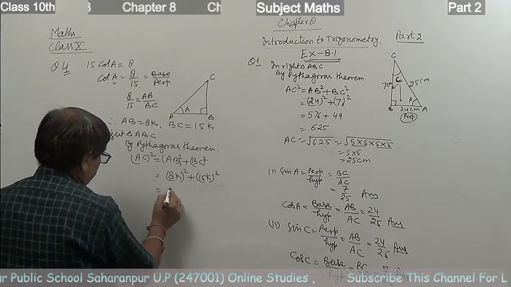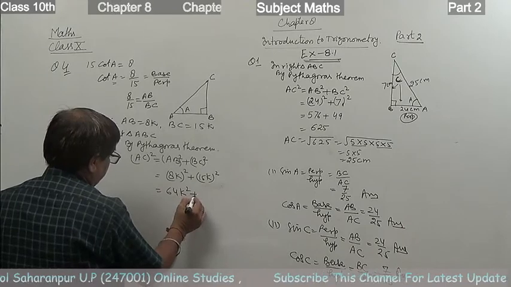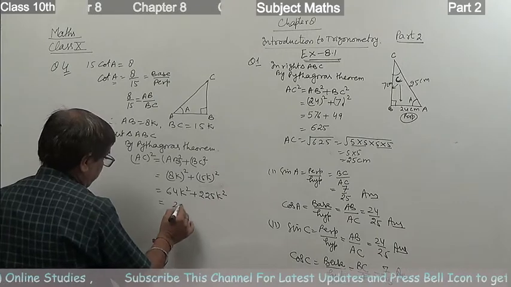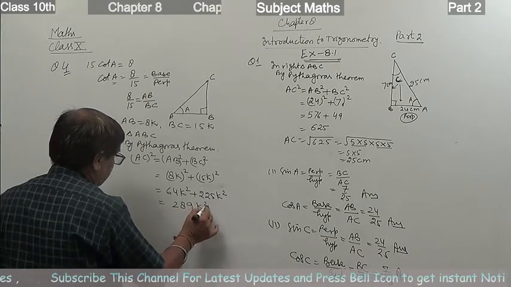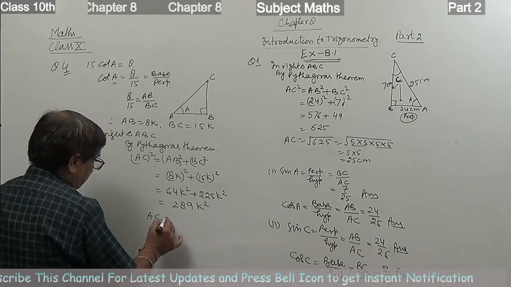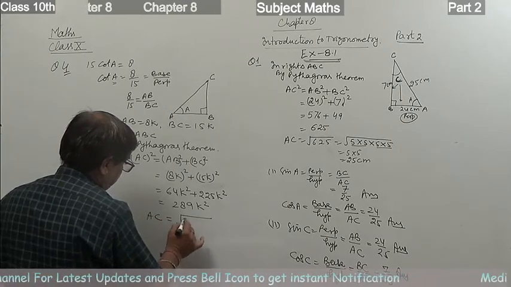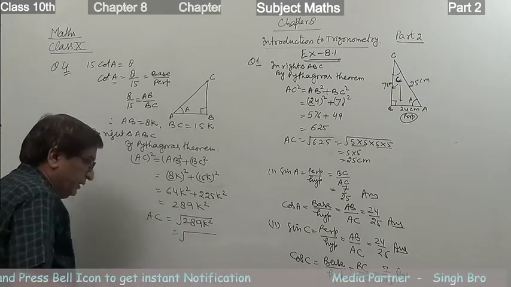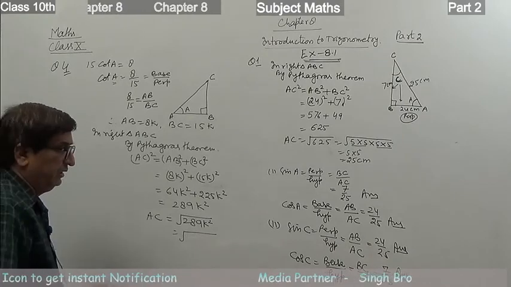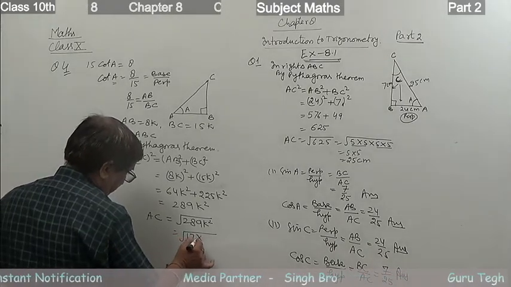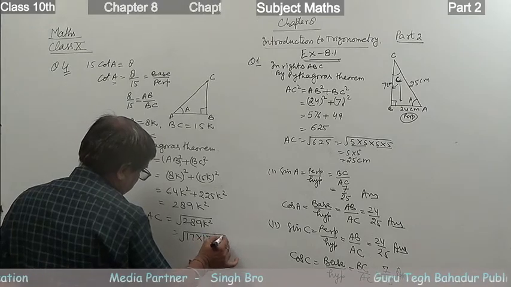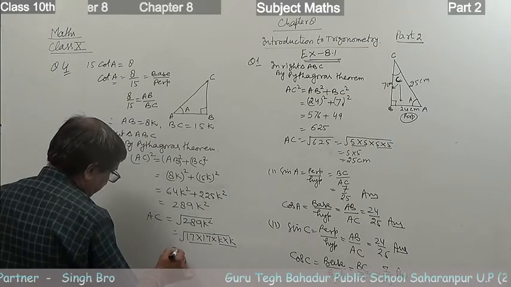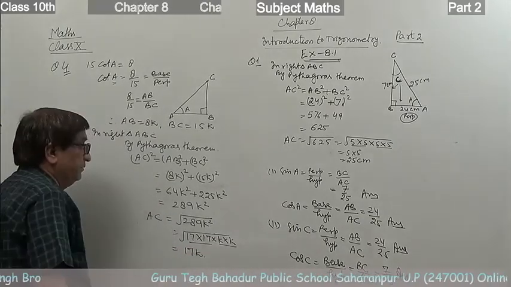So it is equal to 64K square plus 225K square. It becomes 289K square. AC is square root 289K square. So factor of 289 are 17 and 17. K square is K into K. So make it pair, it becomes 17K.